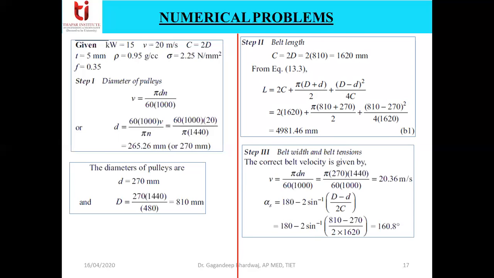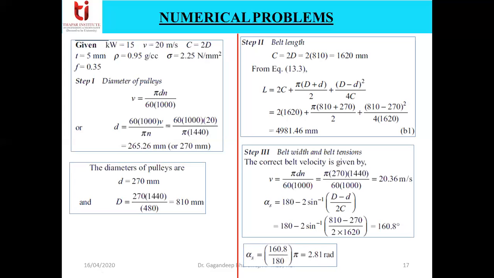So you can calculate the corrected belt velocity, that is 20.36 meter per second. In actual, the value given is 20 meter per second, but the corrected one is 20.36. And alpha s is the wrap angle for the smaller pulley, which is 180 minus 2 sine inverse of (D minus d) by 2C. From this you can calculate the wrap angle for the smaller pulley.